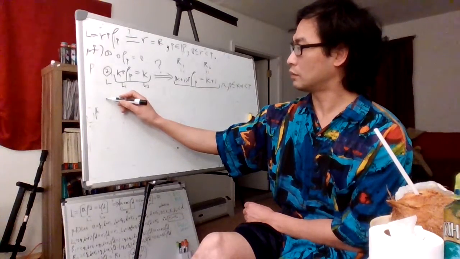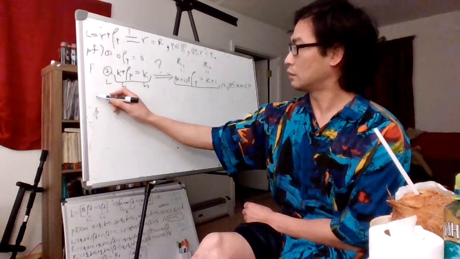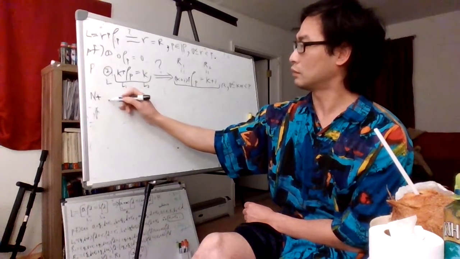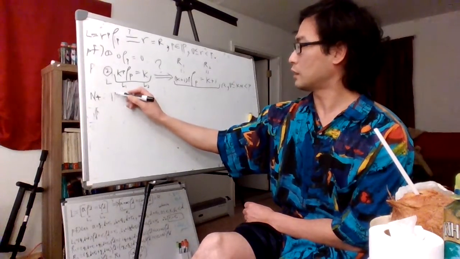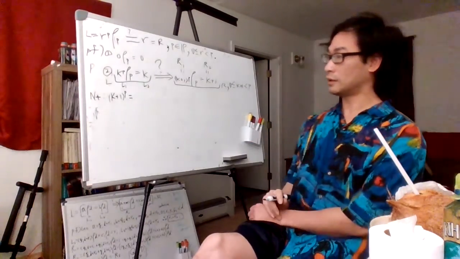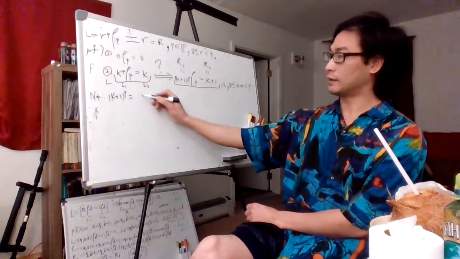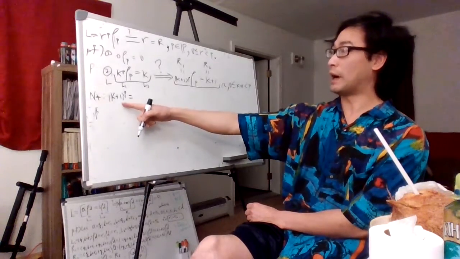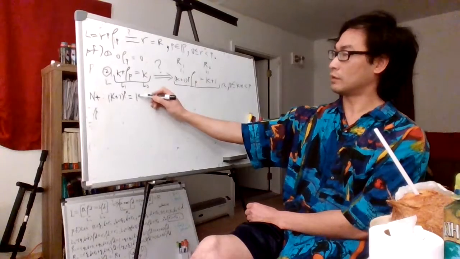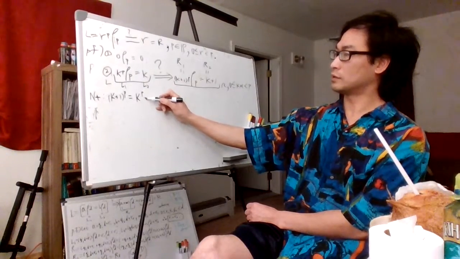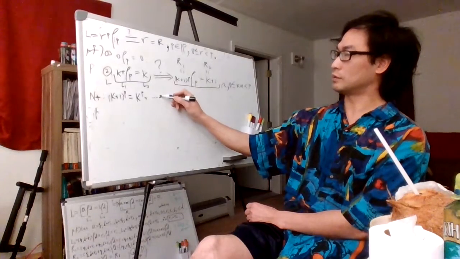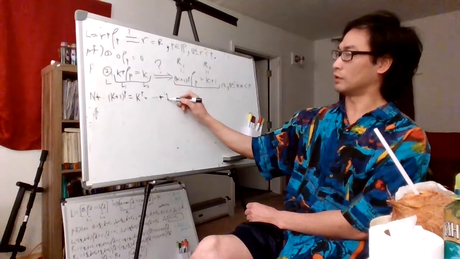Now note that (k plus 1) to the pth is equal to, by binomial expansion, k to the pth plus ... plus 1, right?